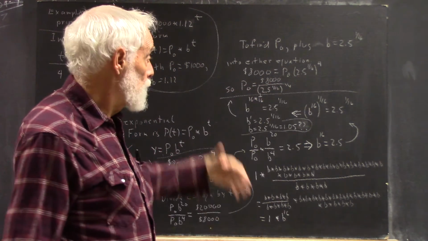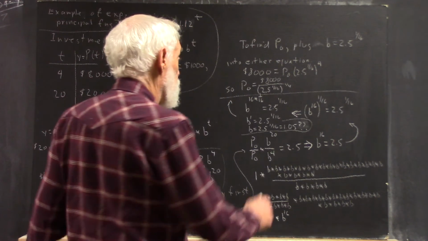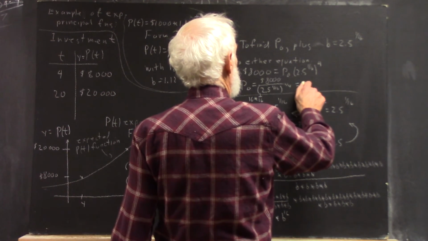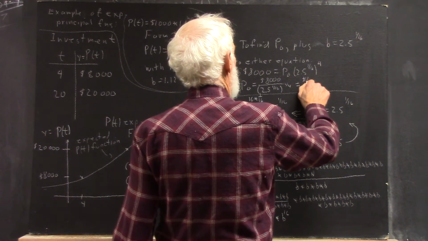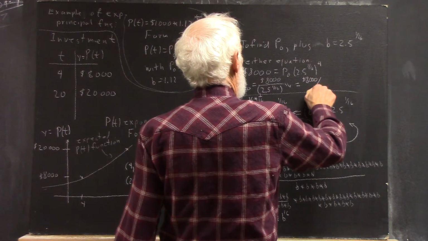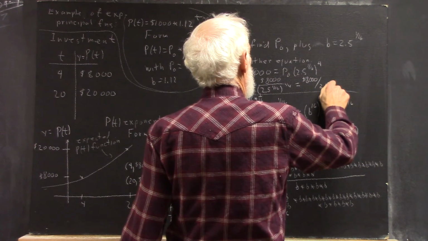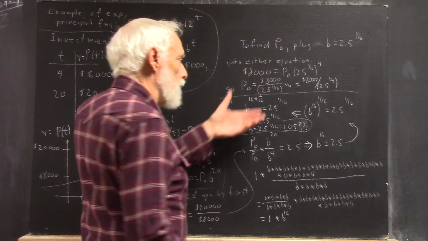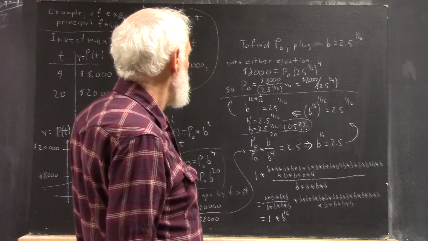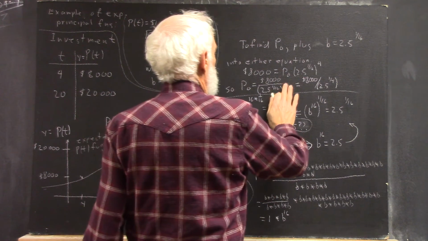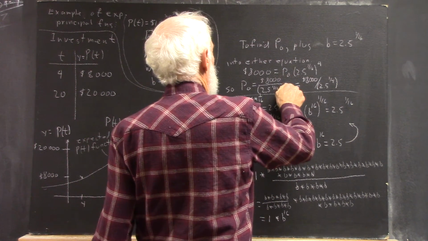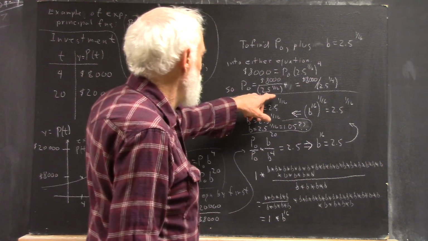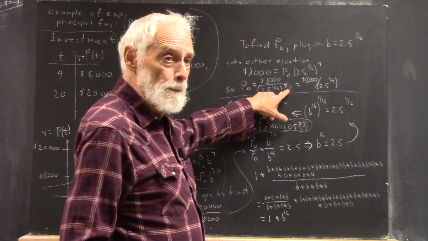And 2.5 to the 1/16th to the 4th is 2.5 to the 1/4 as we multiply the exponents. It's not 1/4, it's the 4th power. Okay, sorry, 2.5 to the 1/16th to the 4th power.